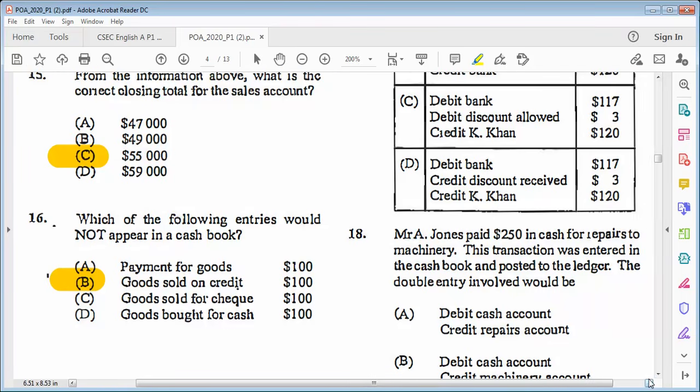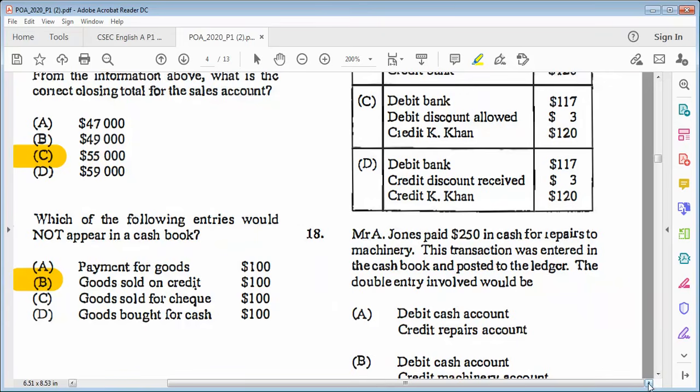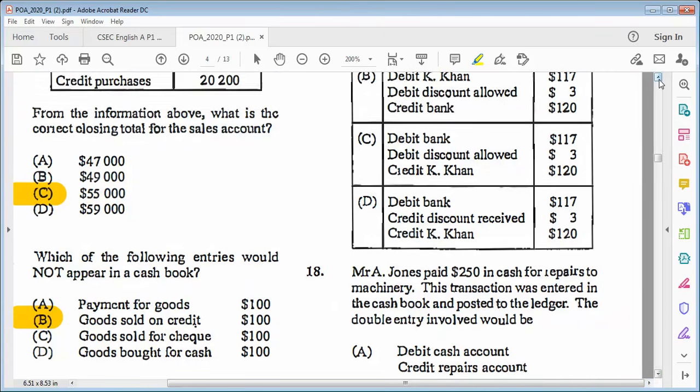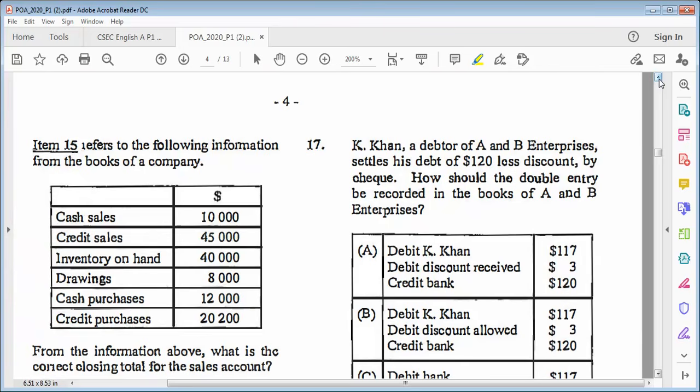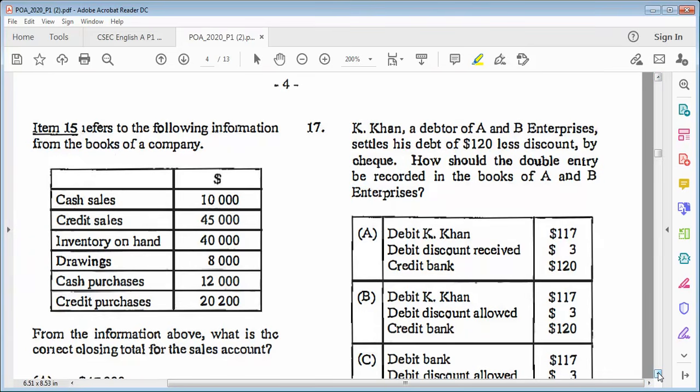Let's go on to number 17. Here it says, K-Can, a debtor of A&B Enterprises, settles his debt of $120 less discount by check. How should the double entry be recorded in the books of A and B Enterprise?